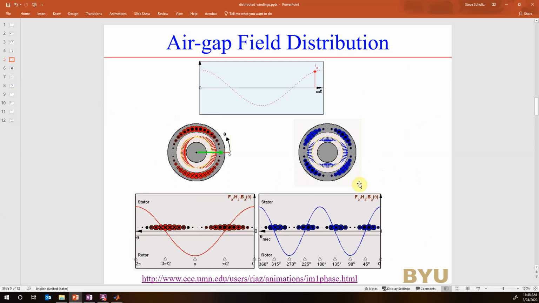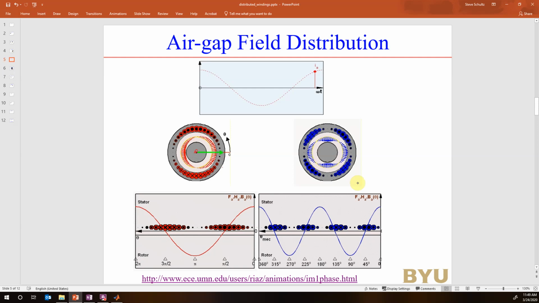Okay, so now let's look at a snapshot in time. And so you see this is my rotor in here, and then this is my stator out here, and you can kind of see the windings going across here. And you can see that it has these little arrows, so that's going across my air gap.